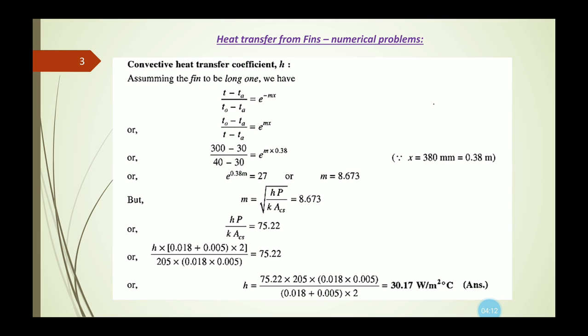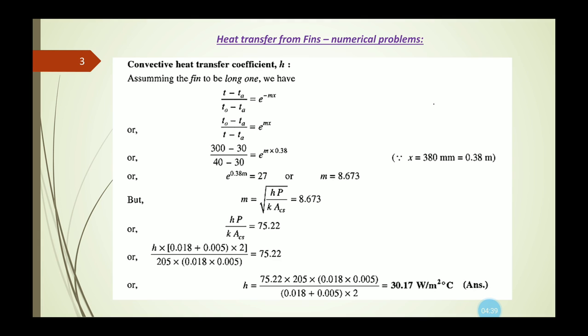Now the values of T naught, Ta and T, all these three temperatures, are given in this numerical, and the value of x is also known to us. If we put these values in this equation, we will be able to find the value of m, which equals 8.673.